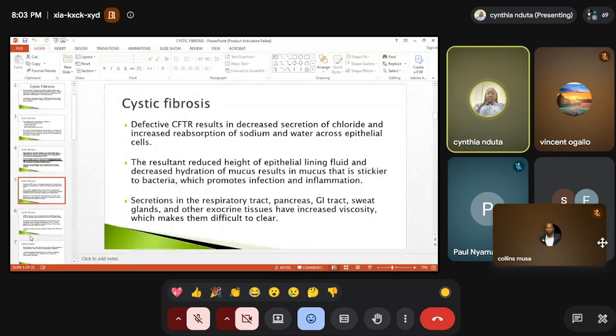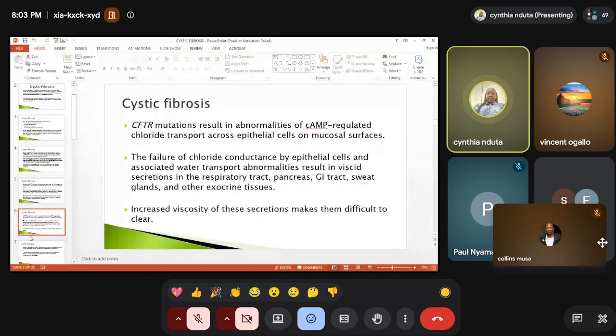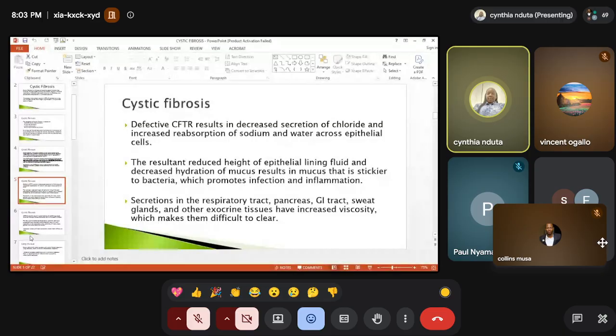So these patients present with secretions in the respiratory tract, pancreas, GI tract, sweat glands, and other exocrine tissues. What we are saying is that we are not able to move water into our epithelial linings.